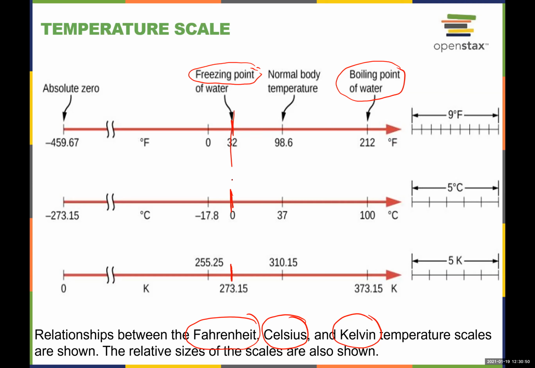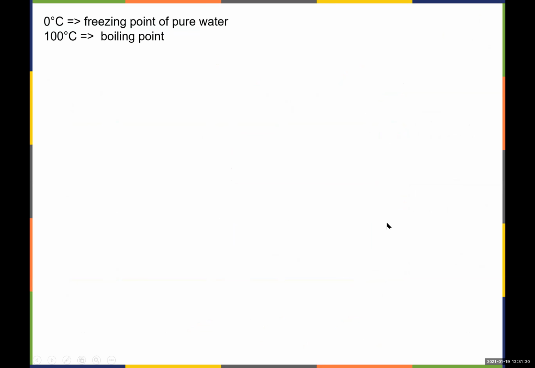They are the same in different scales. Similarly, the boiling point of water is 100 degrees Celsius, 212 Fahrenheit, and 373.15 Kelvin. So these are the two standard points based on which we can find the relation between the temperature scales.